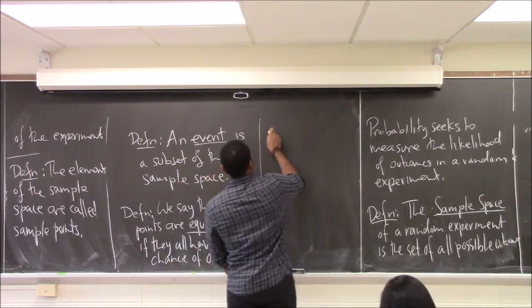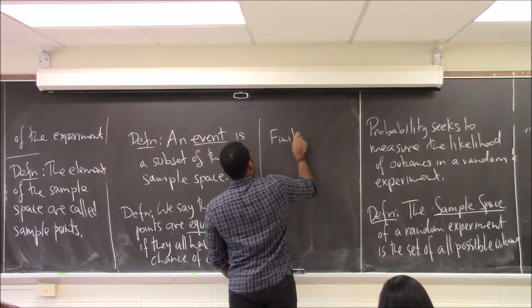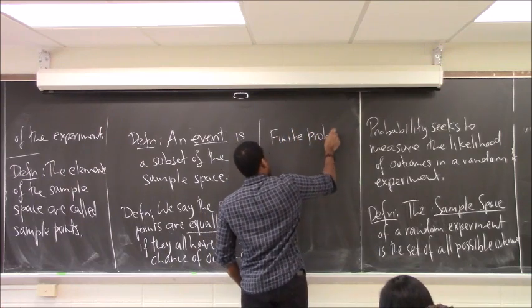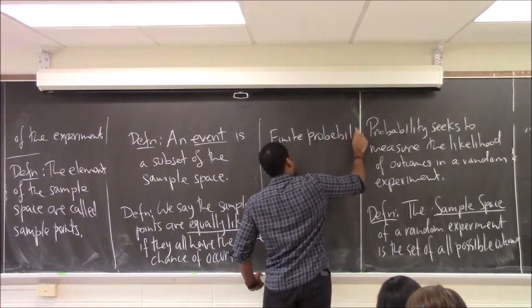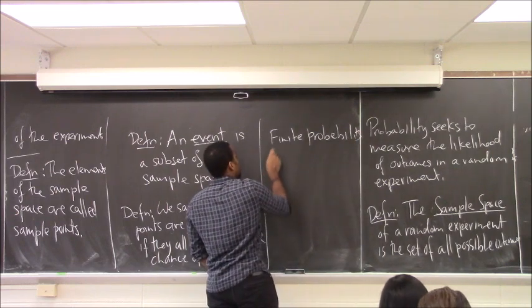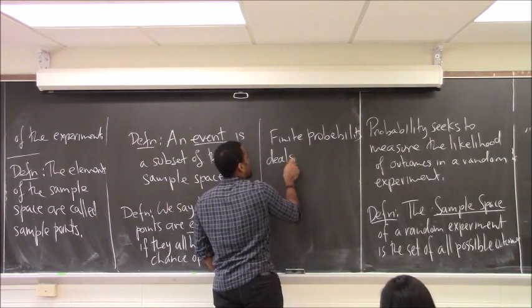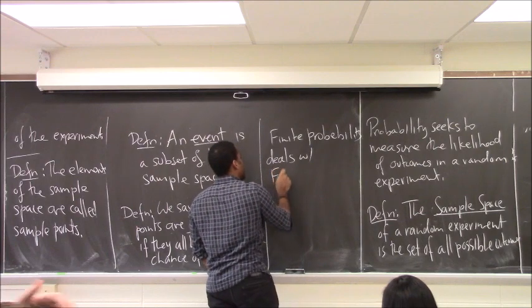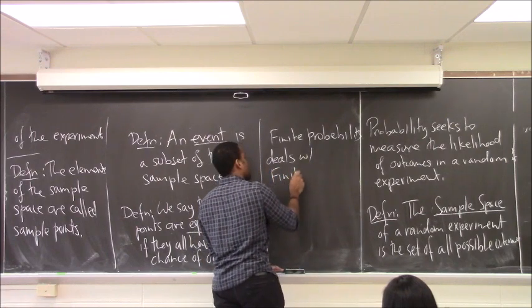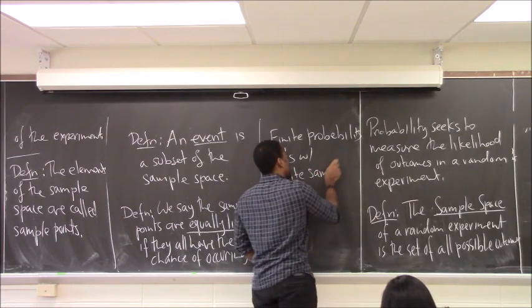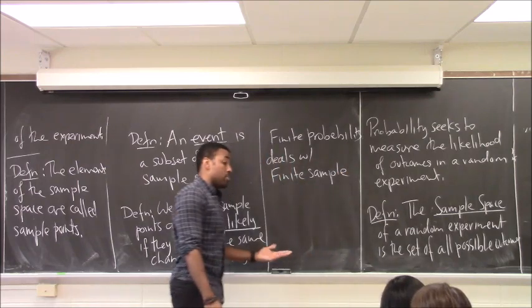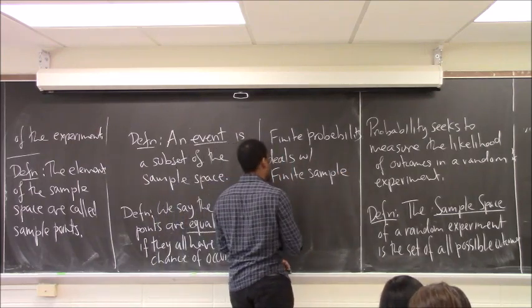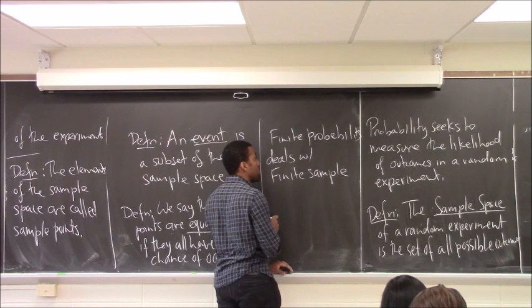And finite probability, which is what we'll be looking at, deals with finite sample spaces. There are experiments that we can conceive of that will have an infinite number of possible outcomes. We are only going to concern ourselves with a finite number of possible outcomes.